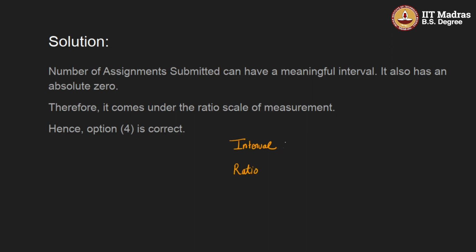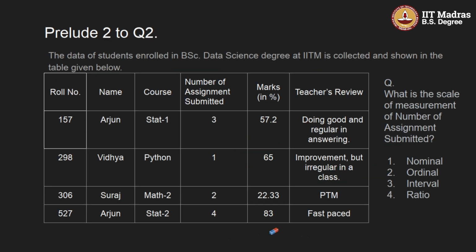And we know that for interval scale of measurement, 0 is an arbitrary point, and for ratio scale of measurement there is a true 0 point. Now if the number of assignments submitted by the student is 0, then it indicates that the student has submitted no assignment.